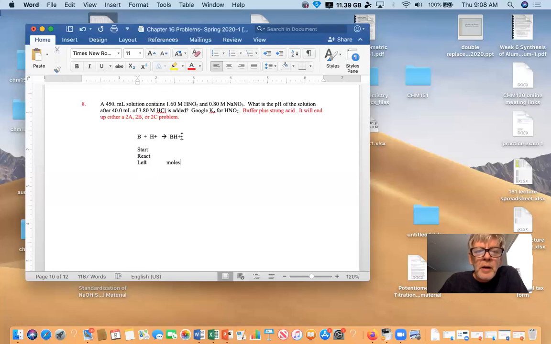If it's a reaction of a buffer, there's only 3 things. You're going to be left with a buffer, so a Henderson-Hasselbalch. You're going to be left with your weak acid component only, so do a Ka problem. Or you're going to be left with strong acid, so convert to molarity and get pH.